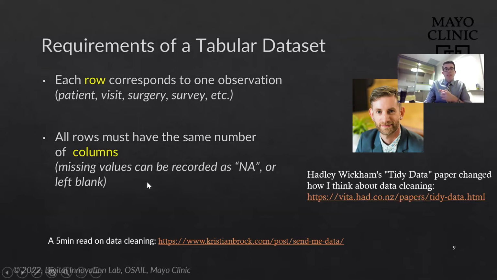The other requirement is that all of the observations, or all of the rows, have to have the same number of variables, so the same number of columns for all of the rows in your spreadsheet. The caveat to that is missing data. There are various ways to handle missing data, but commonly you can replace it with an NA or just leave it as a missing value. Or in some cases, you can actually impute those values.